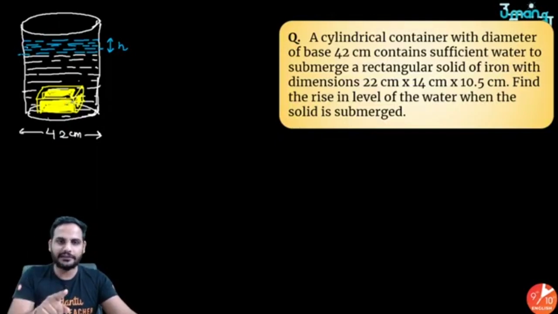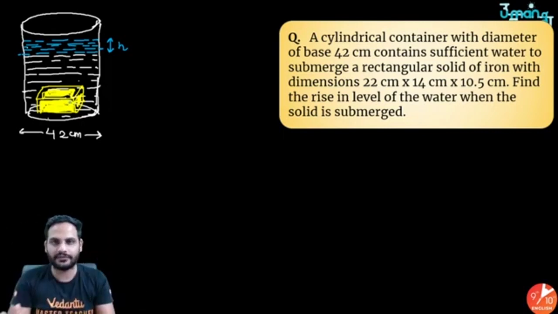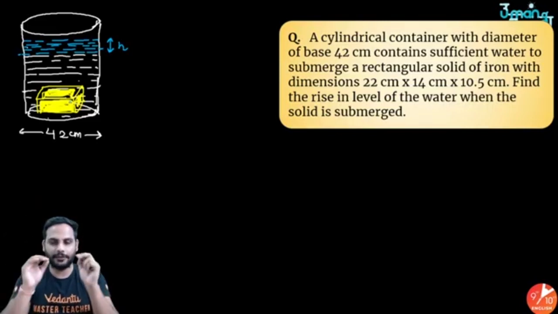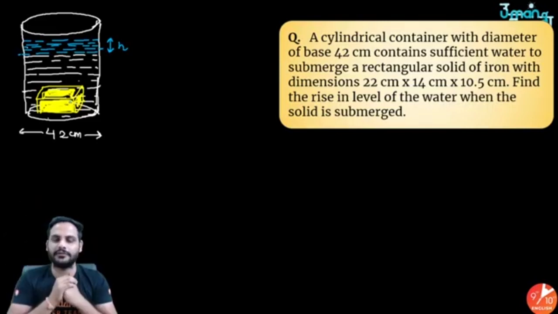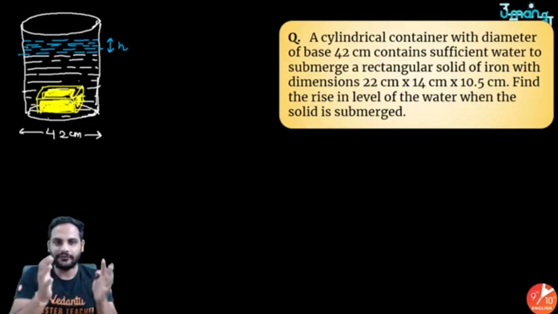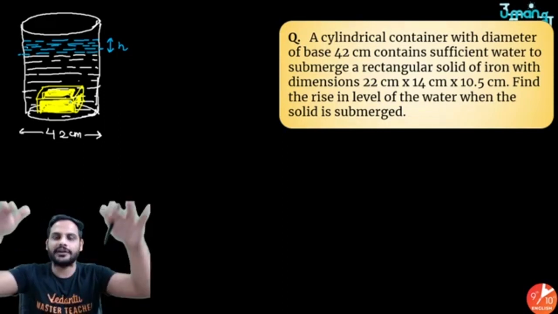The second thing being, sir, if I drop a bigger box, the rise of the water level will be more. If I drop a smaller box, the rise of the water level will be less. So it depends upon the size of this as well. Now why is the water rising? Because earlier, whatever place the box is lying, there was water. So that water has displaced itself.